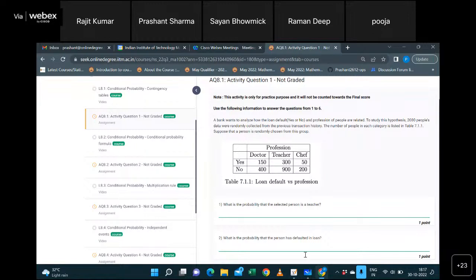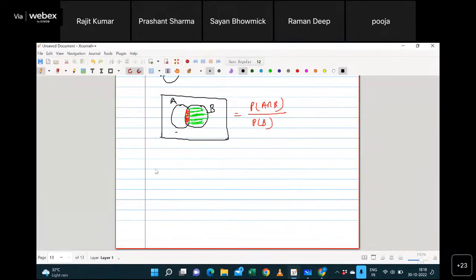If you are still confused, just write the formula. Probability that the person defaulted in loan, I'm writing L for loan, given that the person is safe. I can apply the conditional probability formula: probability of loan and safe divided by probability of safe.